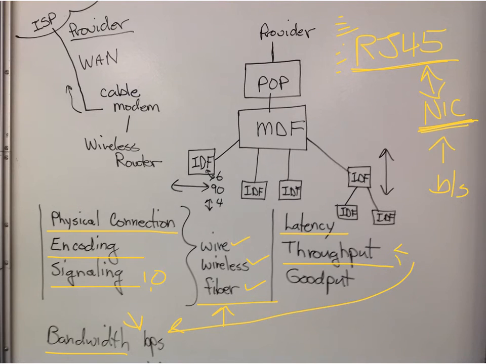Okay? The goodput is the actual production traffic that gets pushed through. This would be the actual data that you need, your actual website or your download or your text or your email or whatever it might be.